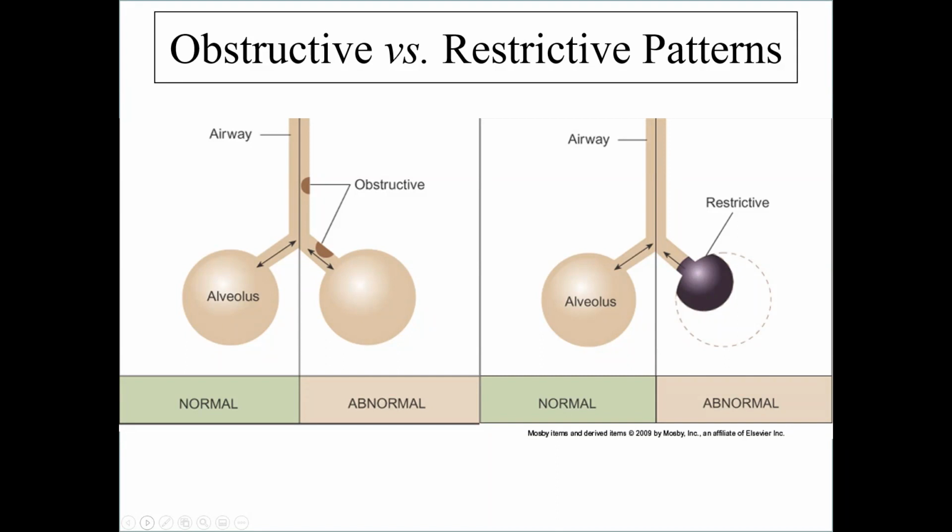On the right-hand side, the restrictive alveolus does not even fully expand, because perhaps the patient has a chest wall issue such as kyphoscoliosis, or it's not chest wall, it's pulmonary fibrosis, where the actual lung tissue itself is, if you will, fibrotic. It's more leather-like.